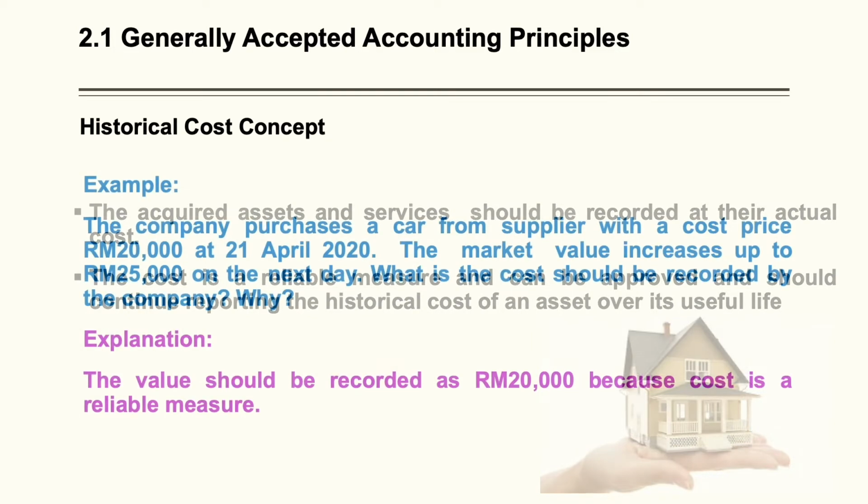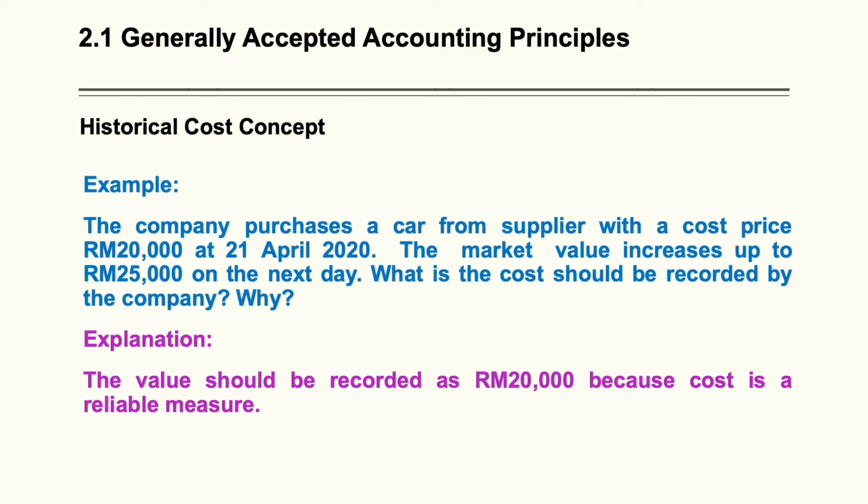So let me give you one example. Let's say the company purchased a car from a supplier with a cost price of 20,000 on the 21st of April 2020. The market value increased up to 25,000 the next day. So what cost should be recorded by the company and why? Remember, according to this historical cost concept, the value should be recorded as 20,000.